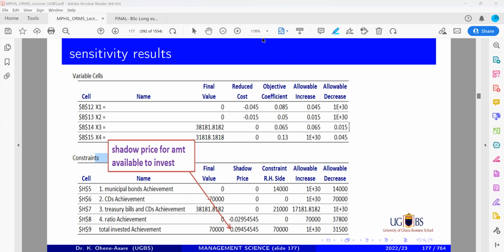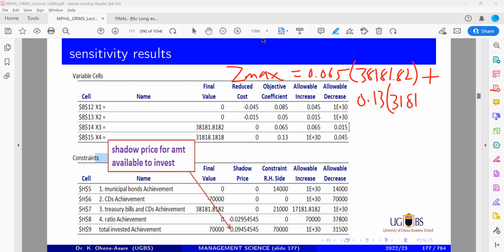It is our Zmax, which is 0.065 into bracket 38181.82 plus 0.13 into bracket 1818.18.